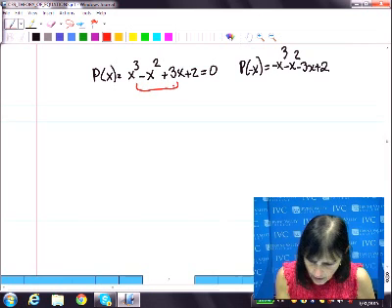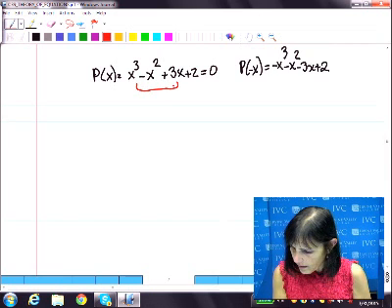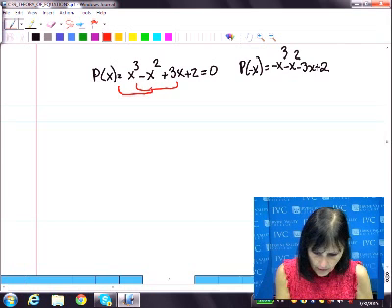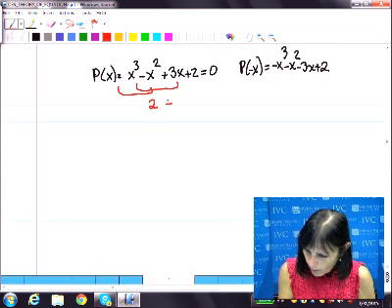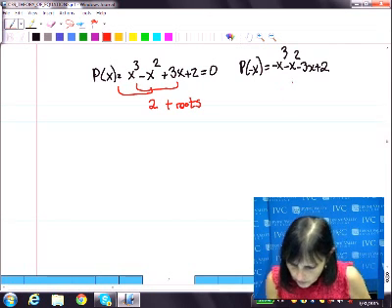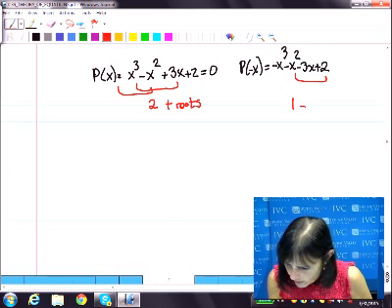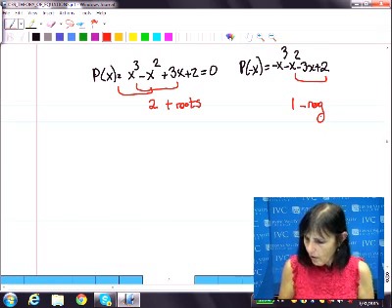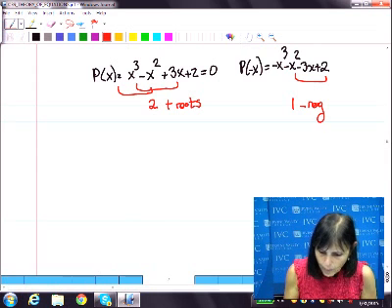Here's one. And here's another one. So you have two positive roots. How about here? You're going to only have one. So what are the possibilities?